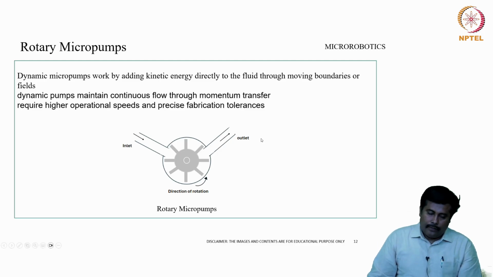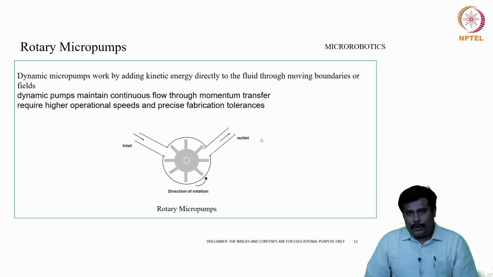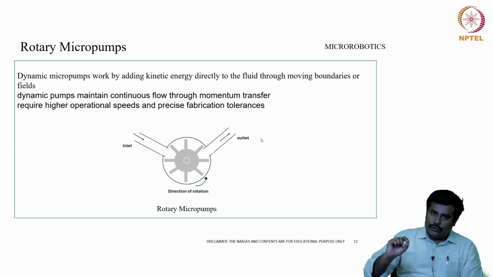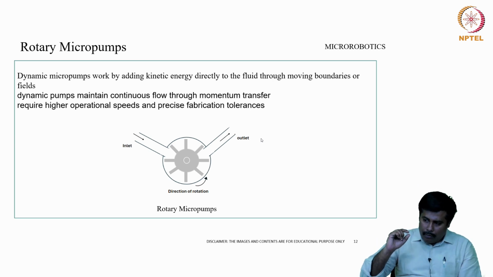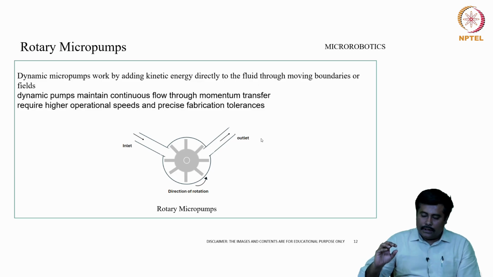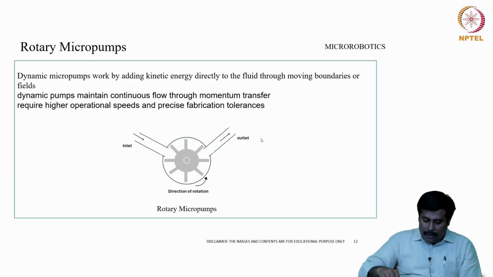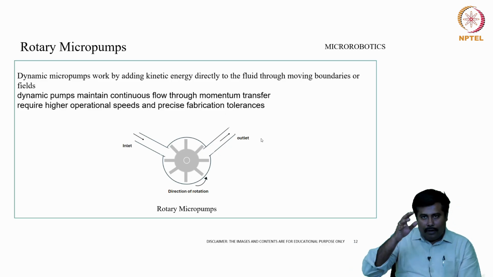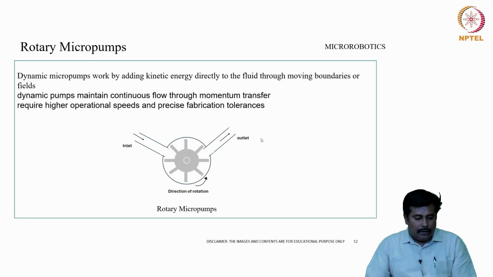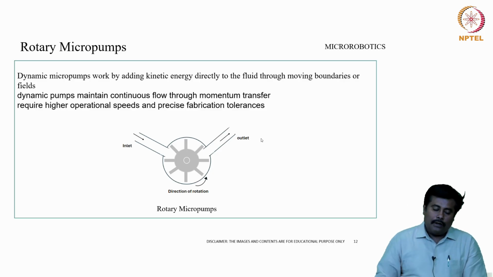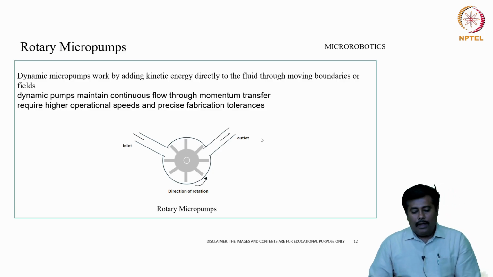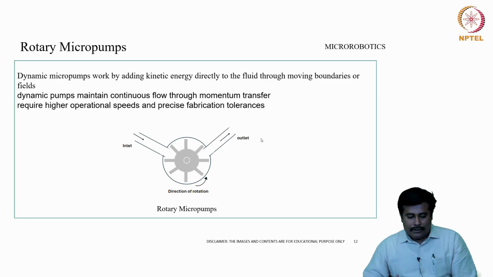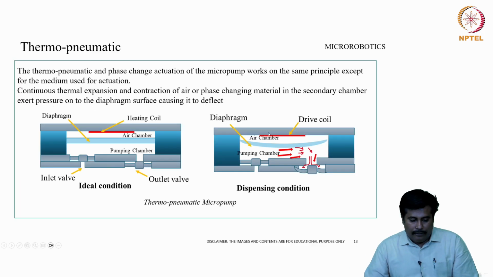These kinds of rotary based micro pumps are efficiently used for creating a certain amount of vacuum, in such a way that a vacuum will be created, and then there will be a continuous movement or continuous flow of the liquid from one region to another region. That is the reason these kinds of rotary pumps are called dynamic micro pumps, and they give kinetic energy directly to the fluid which is moving along the boundaries of the field.